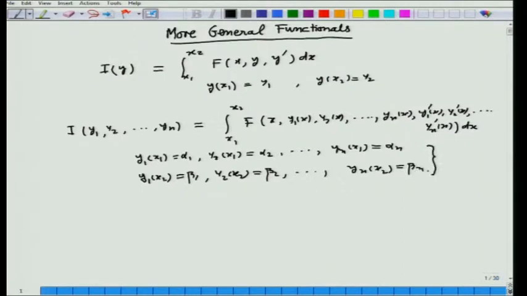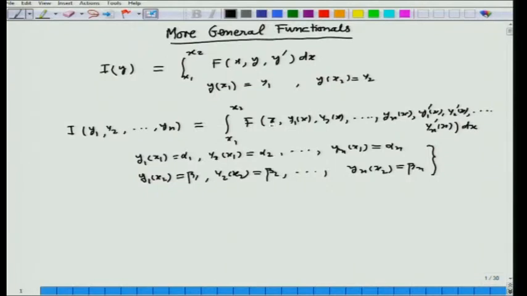So, these are the boundary conditions that each of these yi's are to satisfy, and so this I is a function of all these n functions y1, y2, yn.